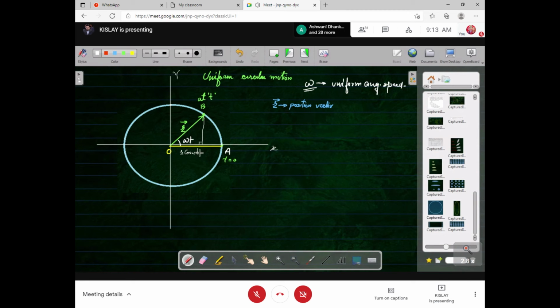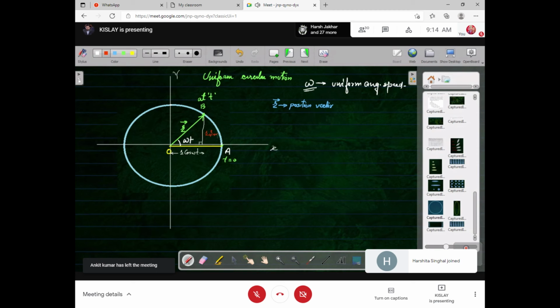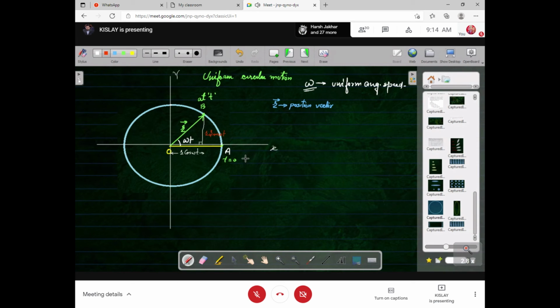Similarly, the perpendicular will be R sin omega t, because the angle here is omega t. Please confirm whether you have got this point or not.